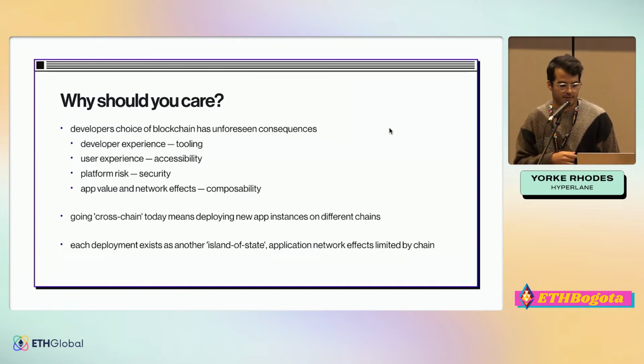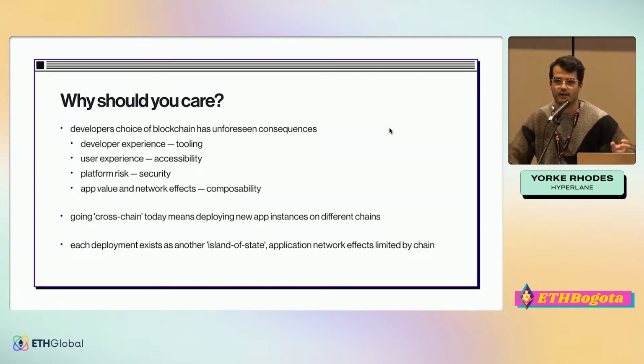And this extends to composability. If you want to reach new user demographics, which are on different chains or maybe lower fee chains or higher security chains, etc., and your application isn't designed with cross-chain composability in mind, when you deploy to these new chains, you end up with new siloed instances of your application rather than an application where all of the users of your app are benefiting from the aggregate network effects.